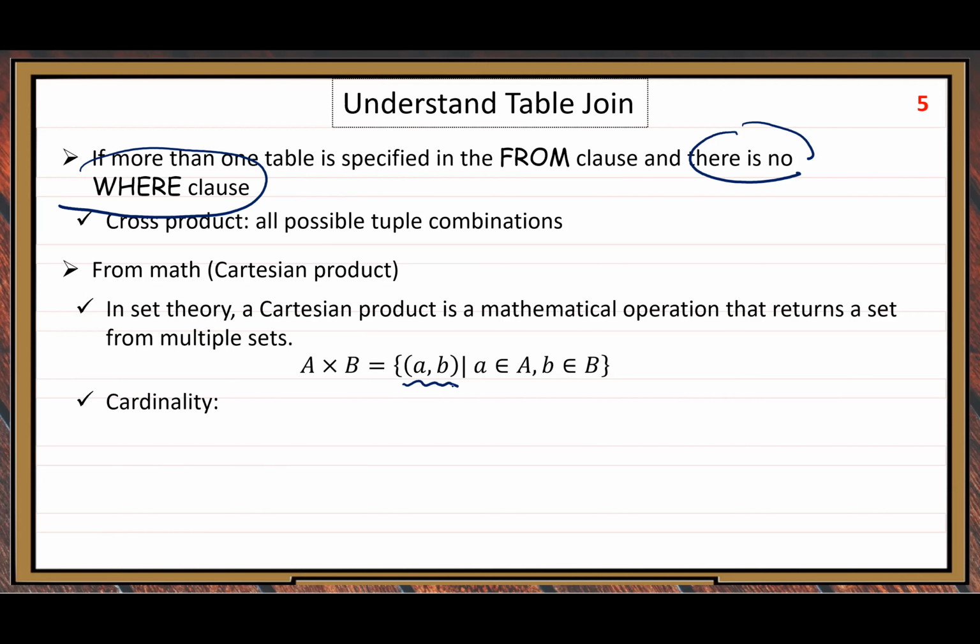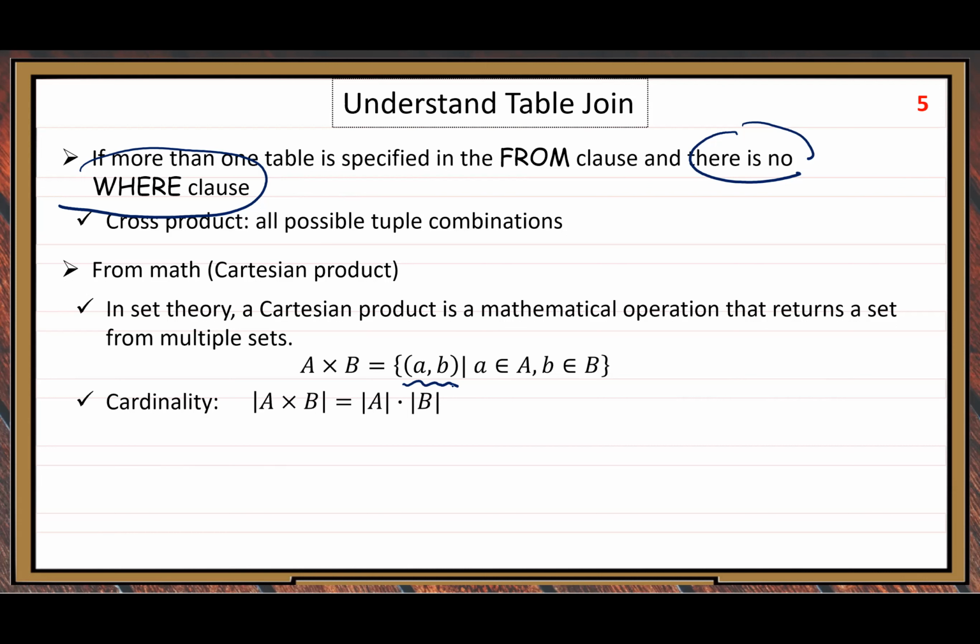Cardinality: the number of elements in the Cartesian product. How do we calculate the number of elements in the Cartesian product? We use the vertical bar absolute value notation. Here the cardinality represents the number of elements in a set.